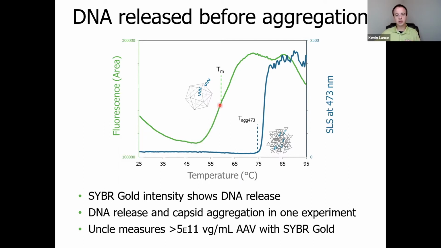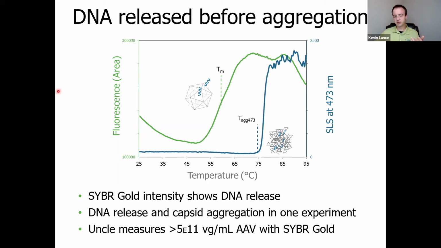We see an increase in SYBR Gold fluorescence that continues until capsid unfolding occurs and aggregation starts to go out of control as measured by SLS. So this is telling us that SYBR Gold fluorescence is increasing at a much, much lower temperature than we would normally expect to see based only on capsid unfolding and aggregation.